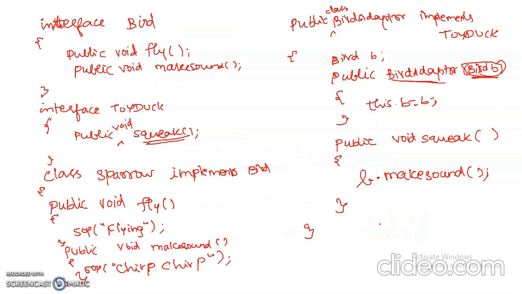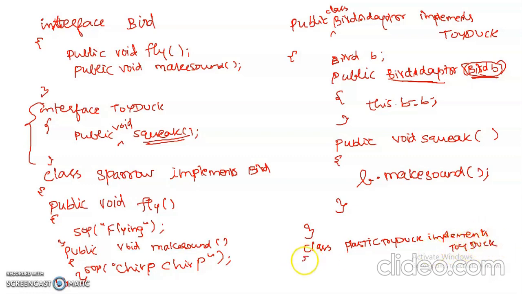Okay, let us see one more example here. If we had a class PlasticToyDuck, PlasticToyDuck implements ToyDuck. It will have a method definition for public void squeak.